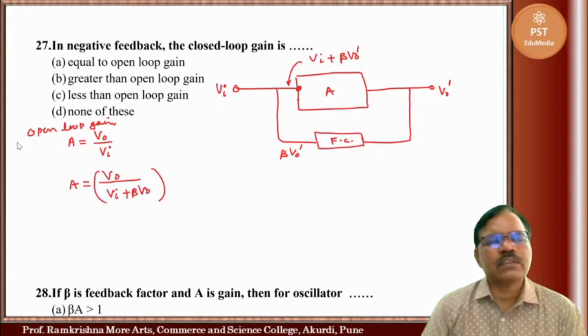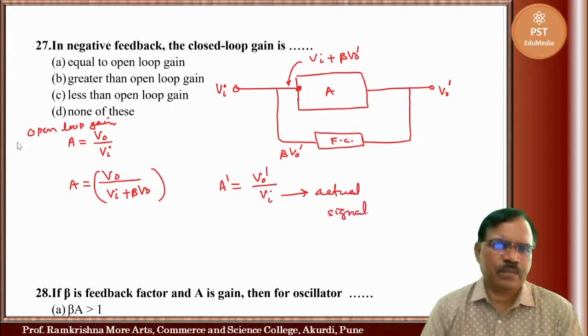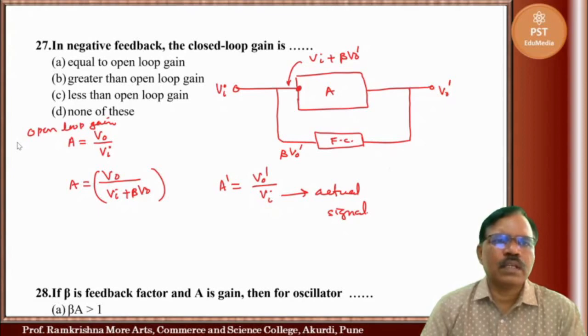This is open loop gain. Now gain with feedback A dash is V0 dash upon Vi. Vi is the actual signal.